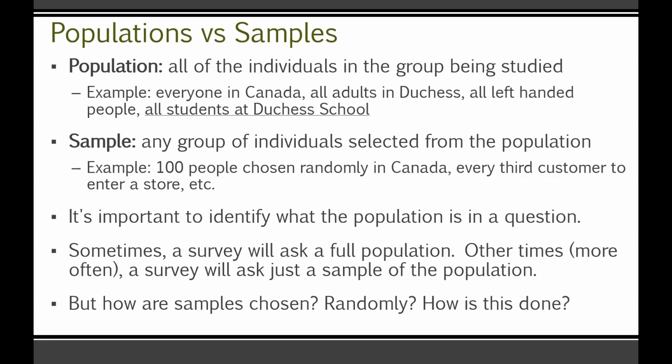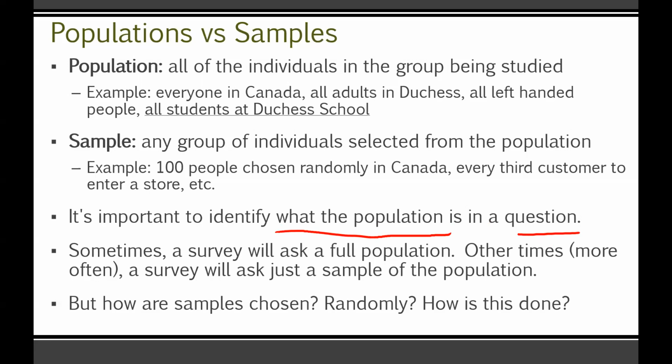Now it is always important, however, to identify what the population is in a given question. No matter what question you're given, whether it's a survey or whatever, you should identify what the population that you're interested in surveying actually is. So sometimes a survey will ask a full population. It'll ask literally everyone who is part of the population of a group of people who are being studied.